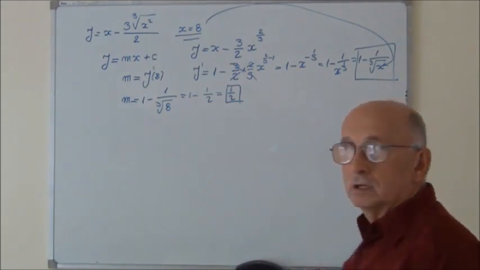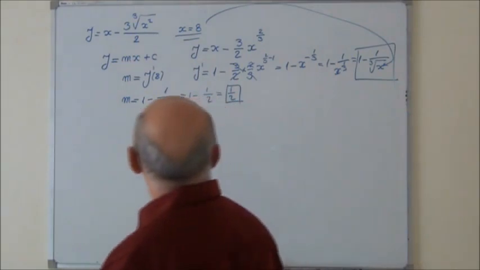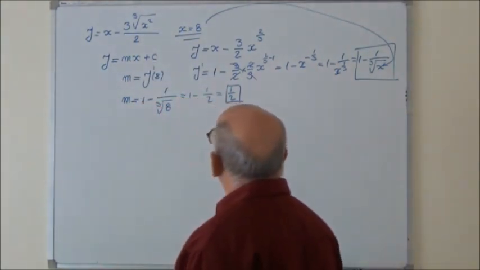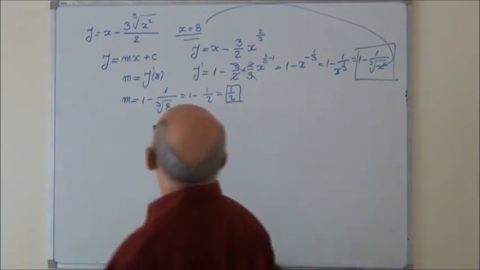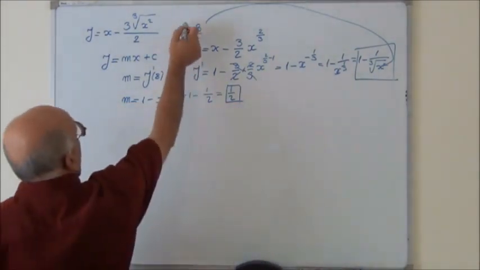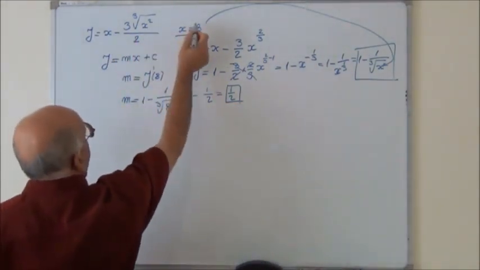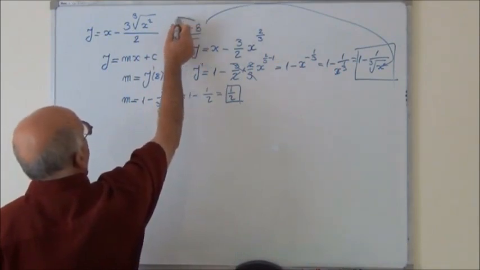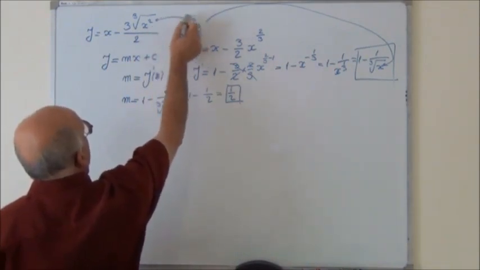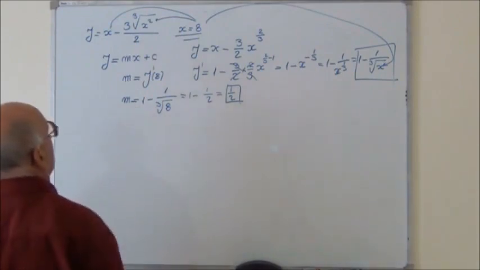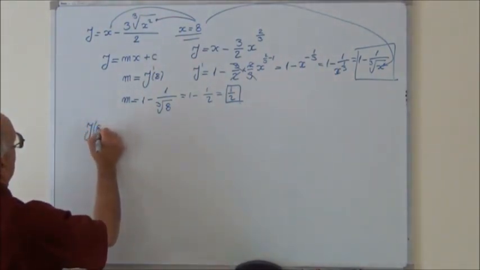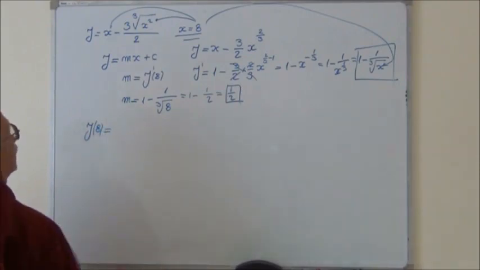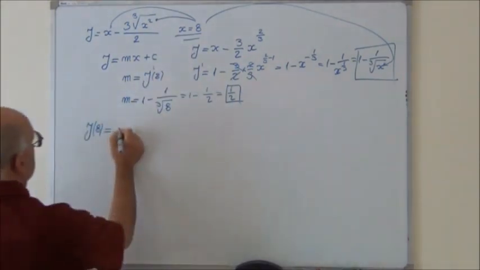To find the y-intercept, to find c, we need the y-coordinate. It's not a problem to get the y-coordinate because we have our equation and we have the value of x to substitute here, to get the value of y at x equal 8.